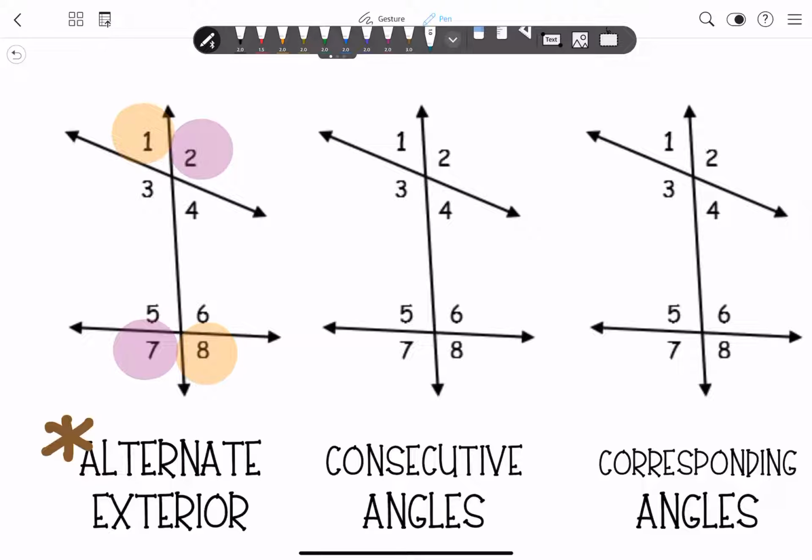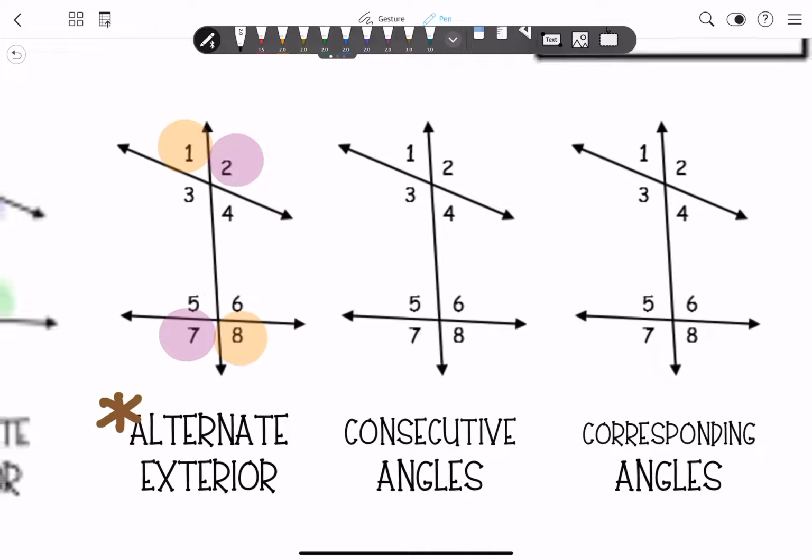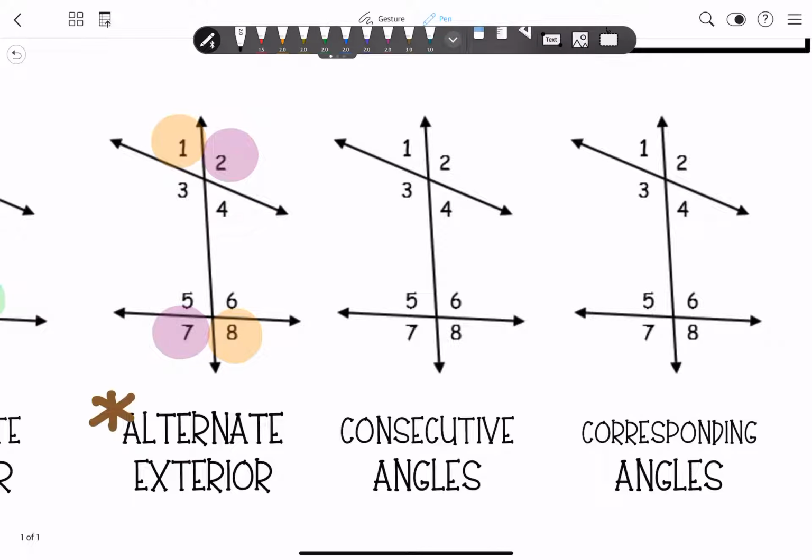All right, and these are going to be supplementary if the two lines connecting them are parallel. So we are going to draw our box around it, but we're going to draw it a little bit dashed.